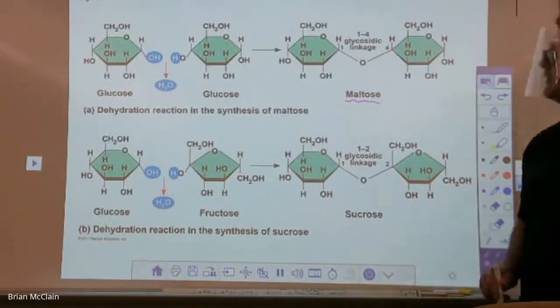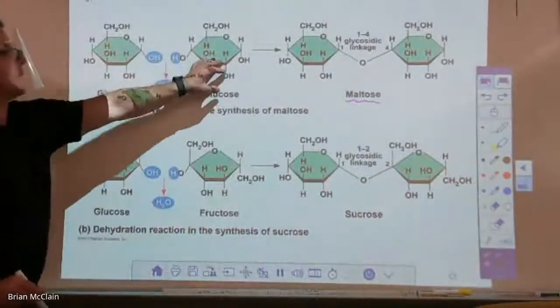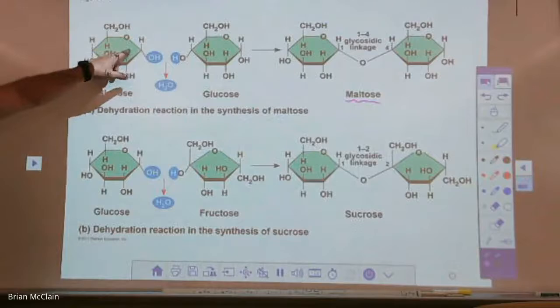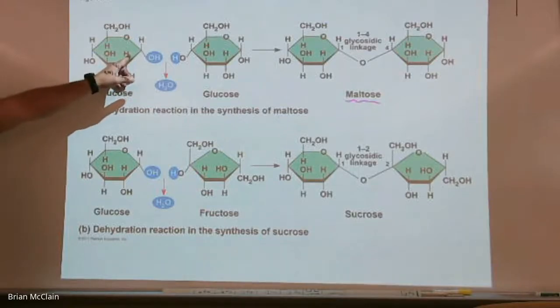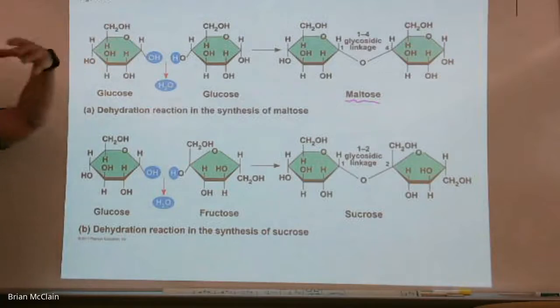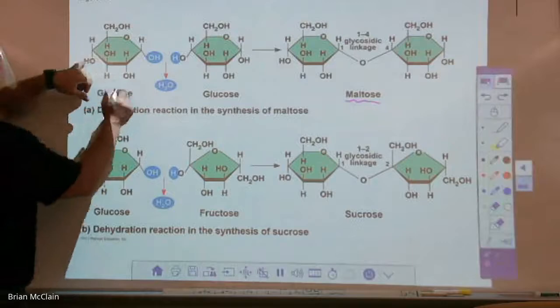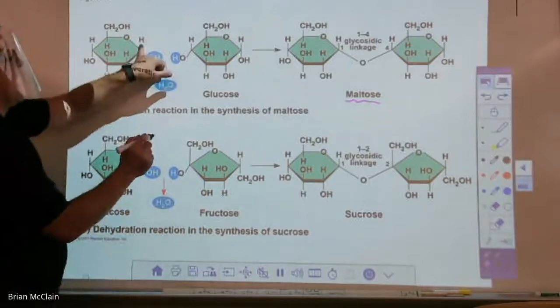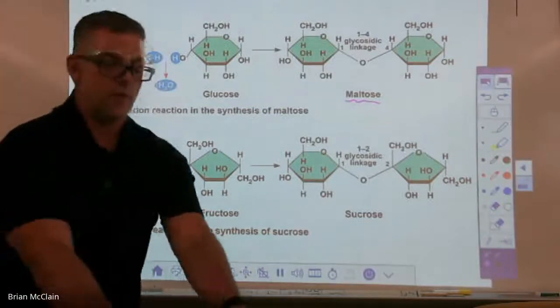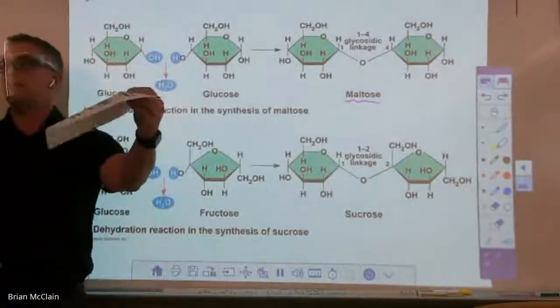And when we do this combination, here's my first glucose, here's my second glucose, and these are what we call alpha glucoses. So whenever you look at this, this is trying to depict something that's 3-dimensional in a 2-dimensional image. So when something is literally on the upside, if you think about my ring structure being the plane of this paper right here.